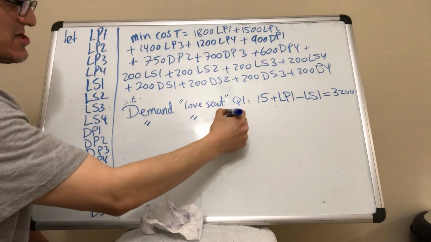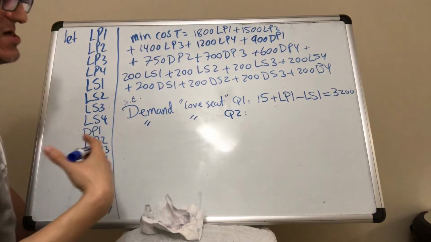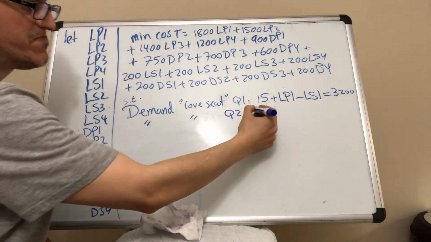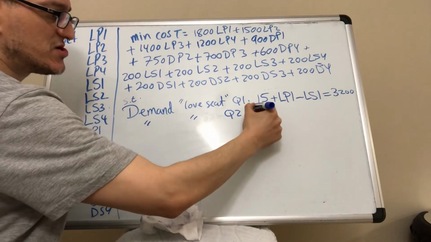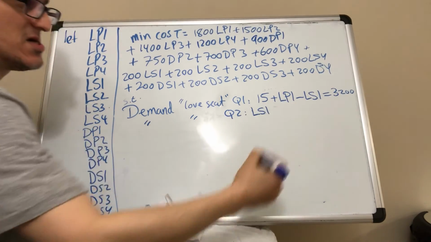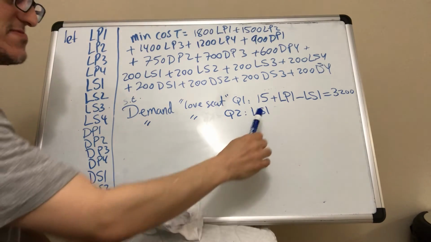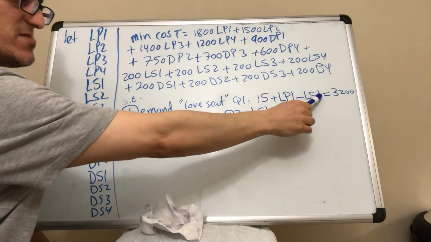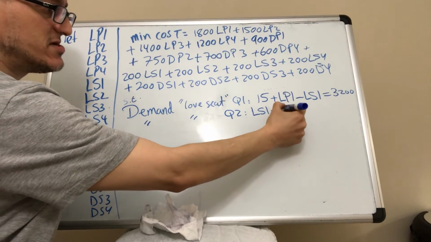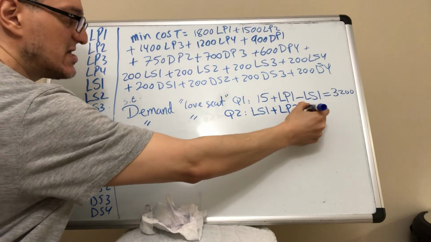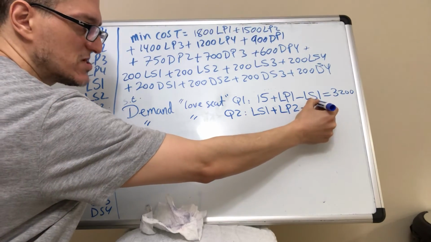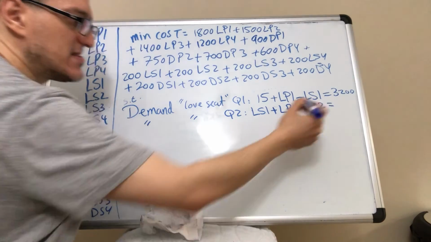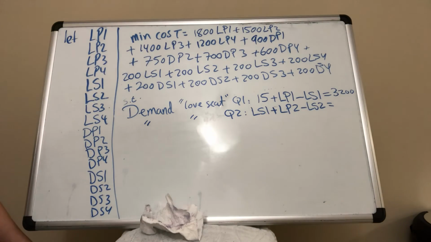Demand Q2. Now you enter Q2 with some stored from the previous quarter. So you have some stored from L from the previous one. Plus, you can produce some and then you can store some of what you produced, and that must satisfy demand for Q2 of 4,800.